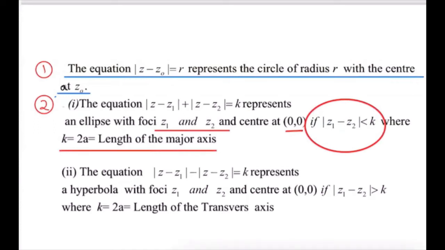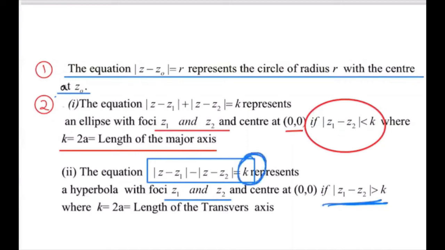Similarly, the equation |Z − Z1| − |Z − Z2| = K represents a hyperbola with foci Z1 and Z2, provided the distance between Z1 and Z2 should be greater than the constant K. Further, K is nothing but the length of the transverse axis.